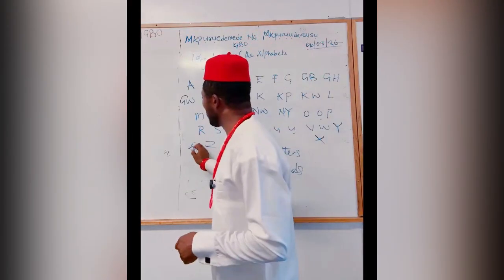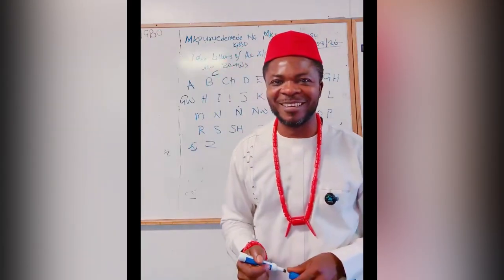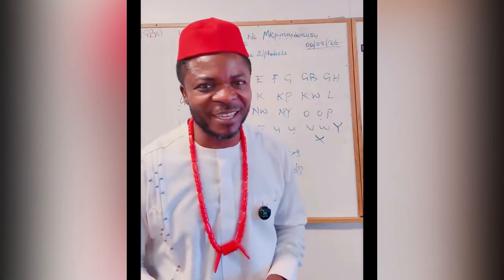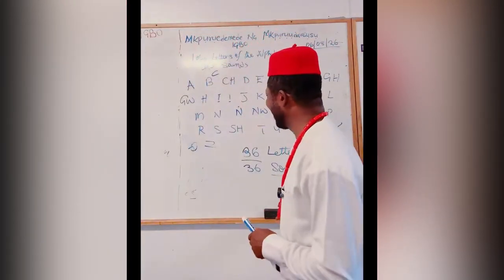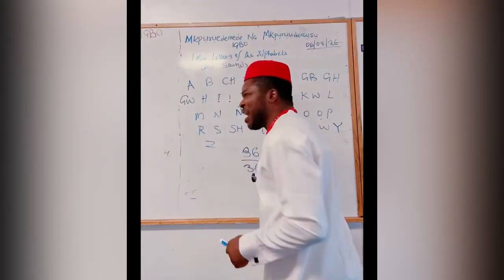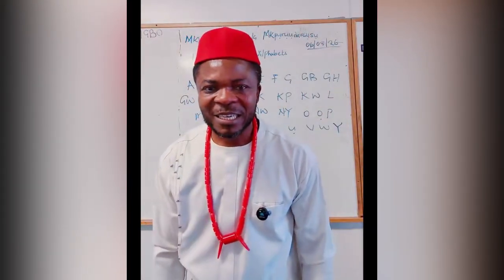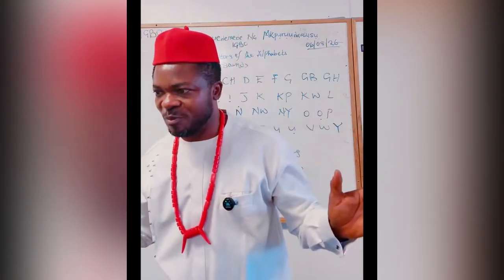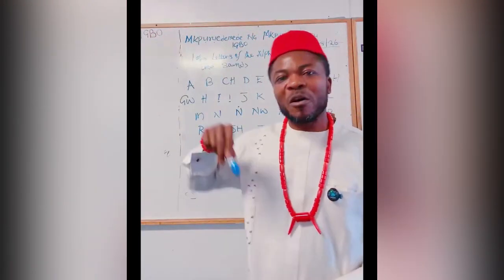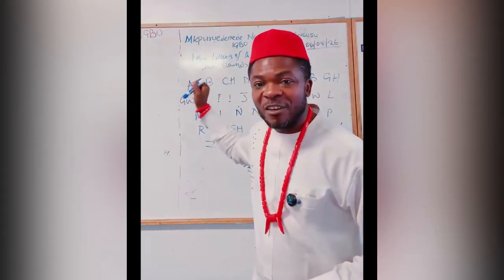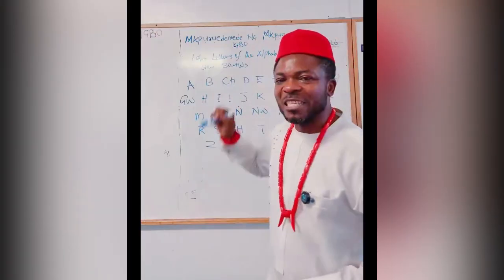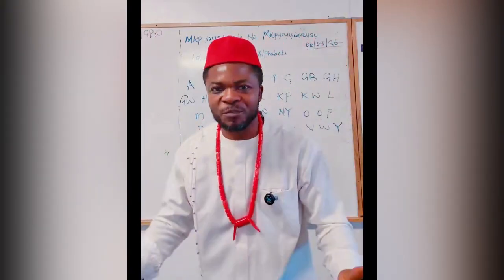We don't have Q, the one we used to call Q. And we are not trying to have these. Also, unlike the English alphabet, there are sounds that are not represented in the English alphabet, but they are spoken regularly.